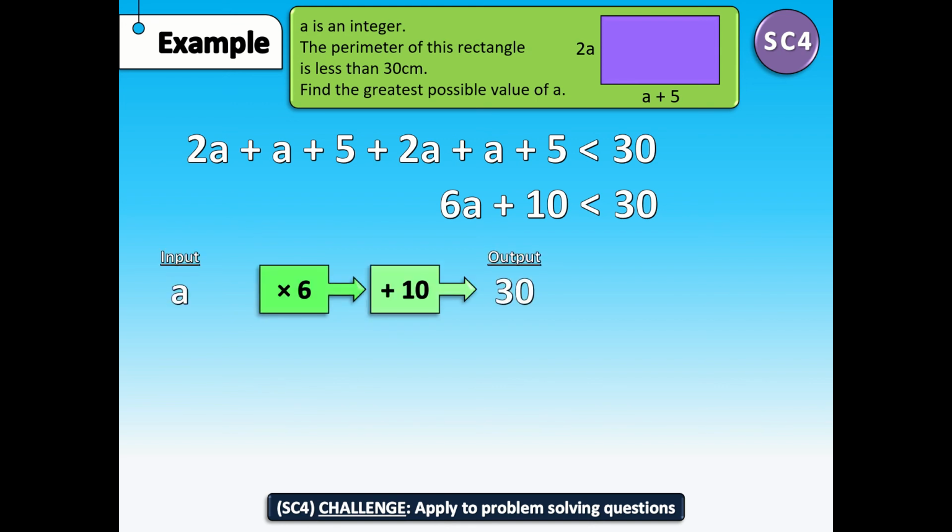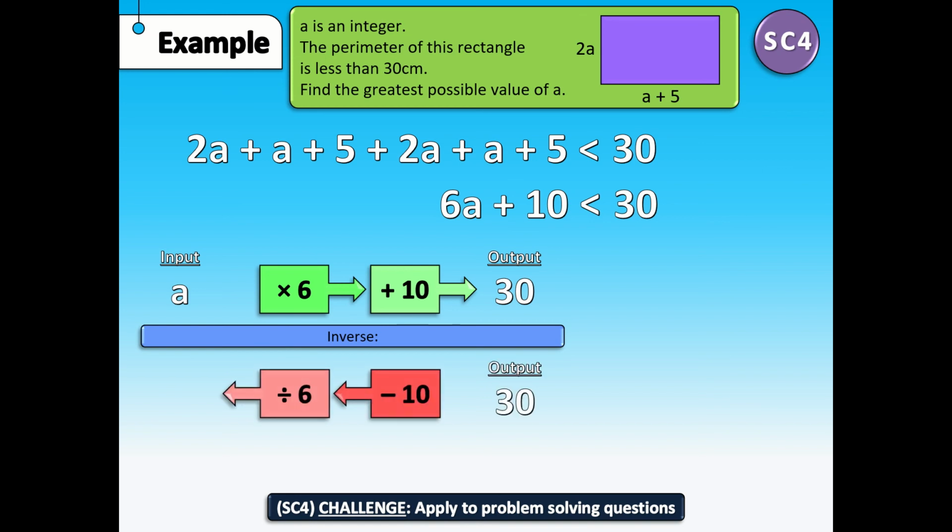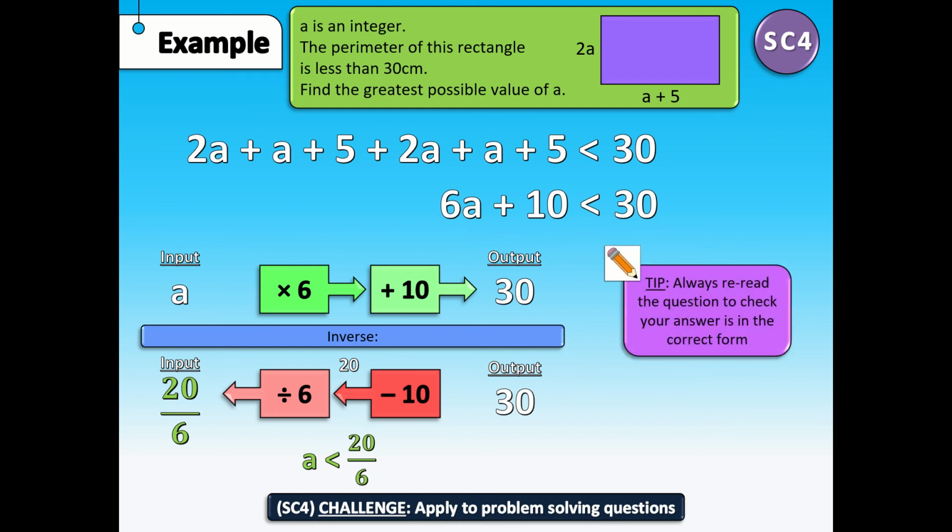So we write it as a function machine and work backwards doing the opposite. So 30 minus 10 is 20, and 20 divided by 6 is 20 over 6. So we can say that a is less than 20 over 6. So we want to find the greatest possible value of a.